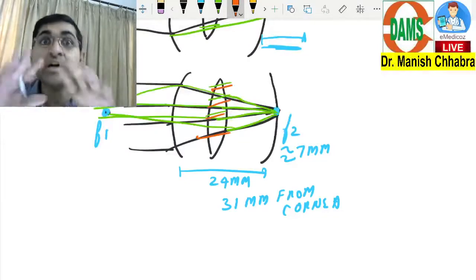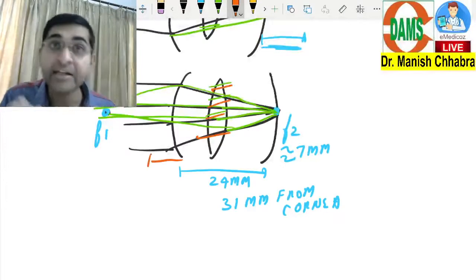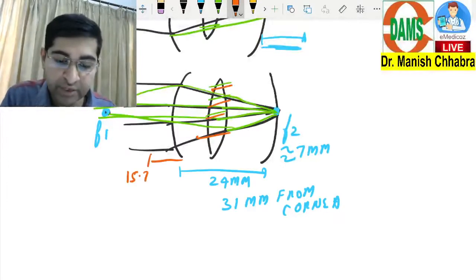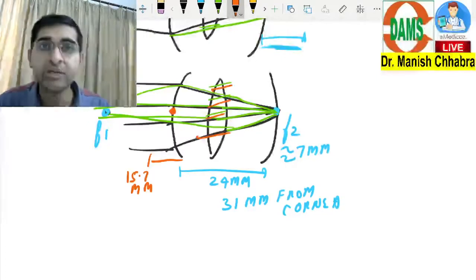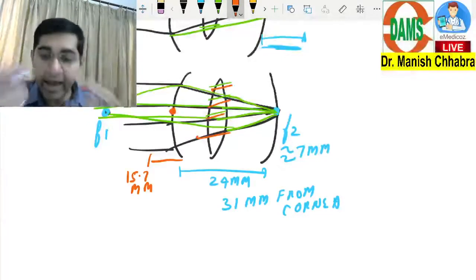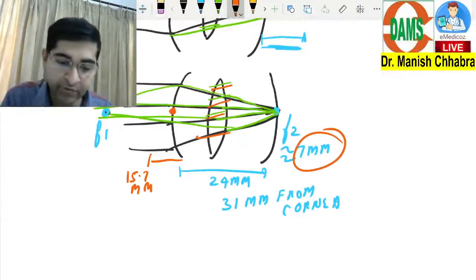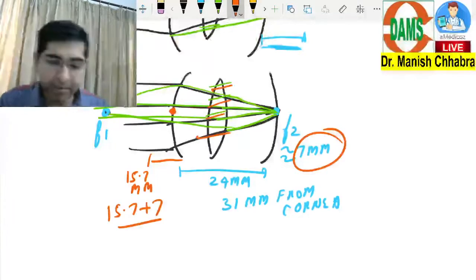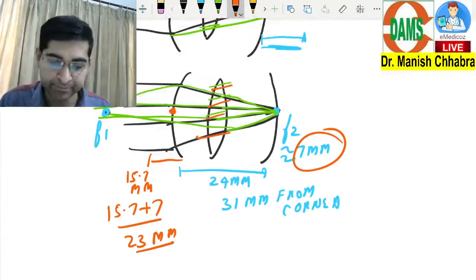So what is the normal F1? Normal F1 lies at a distance of 15.7 mm from the cornea. So if we add the same distance to the first focal point, it will become 15.7 plus 7 mm, approximately 23 mm.